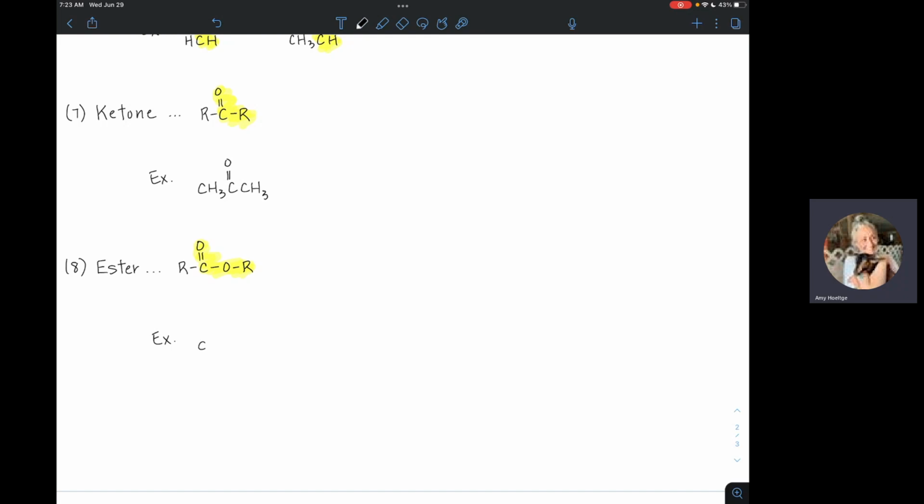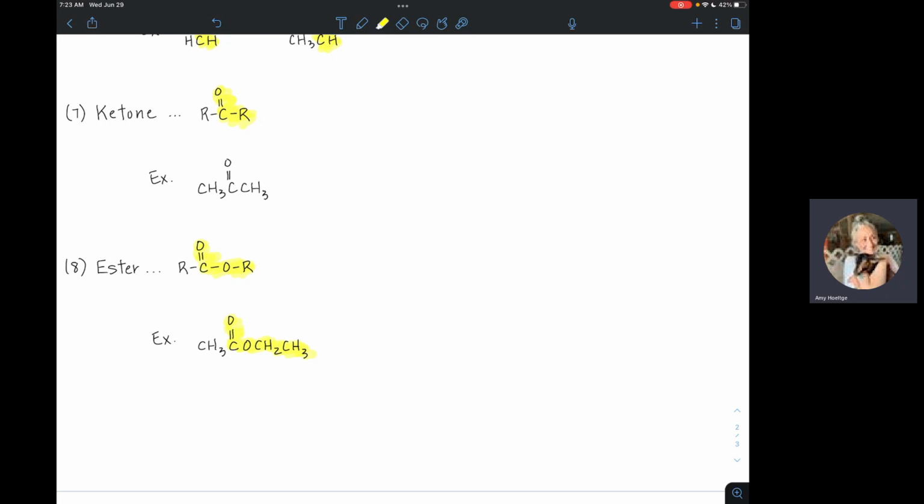So, one that you could maybe be familiar with would be this. See how we have the carbonyl, and then there's an oxygen, and that oxygen has an R group attached to it. This is ethyl acetate.